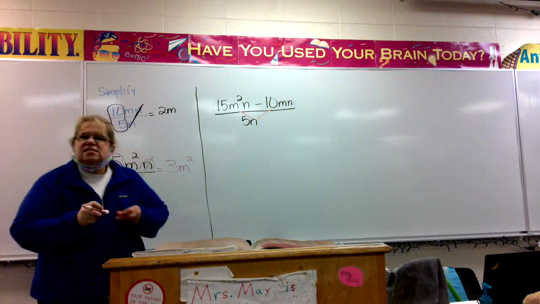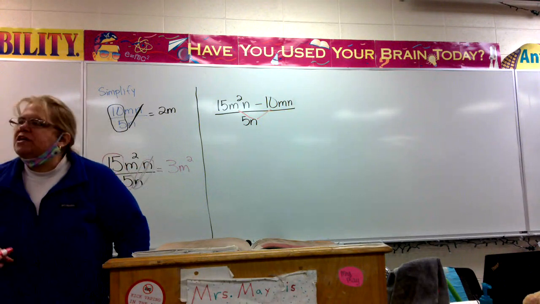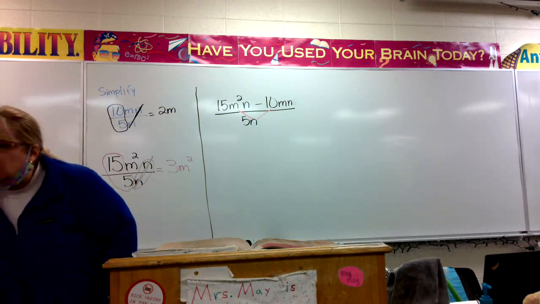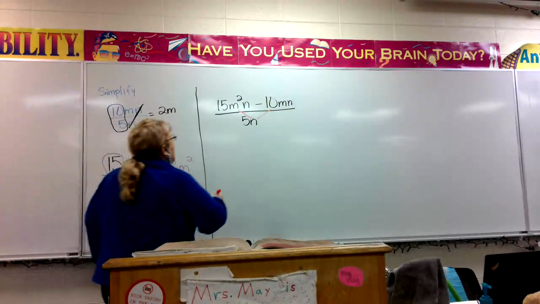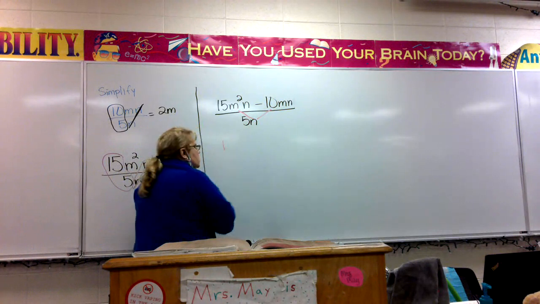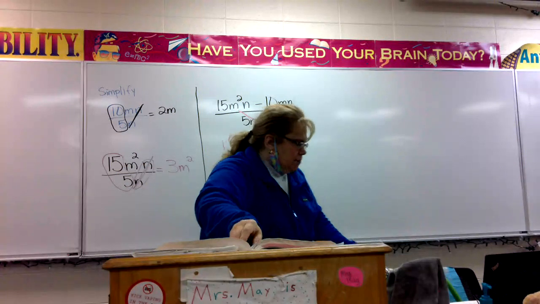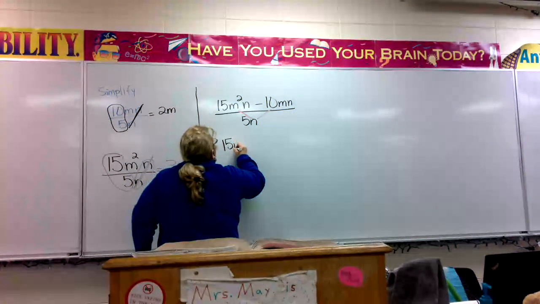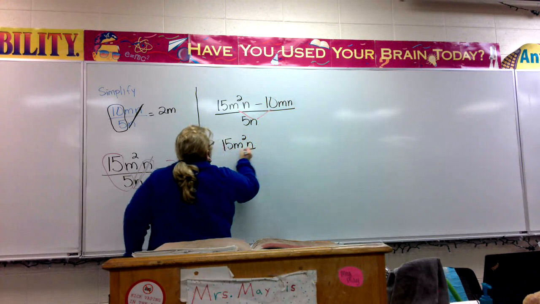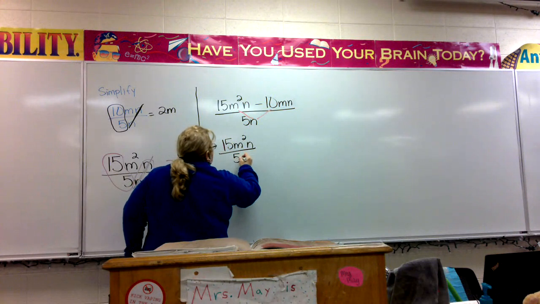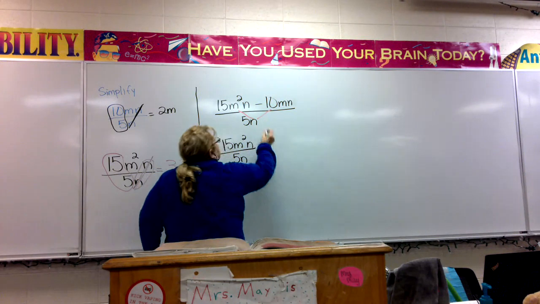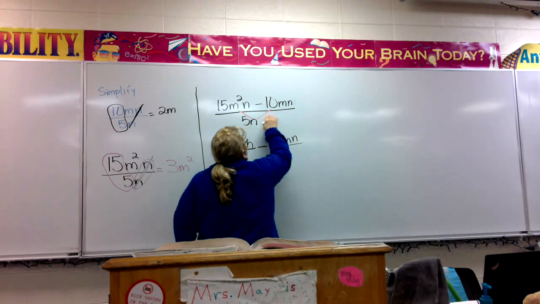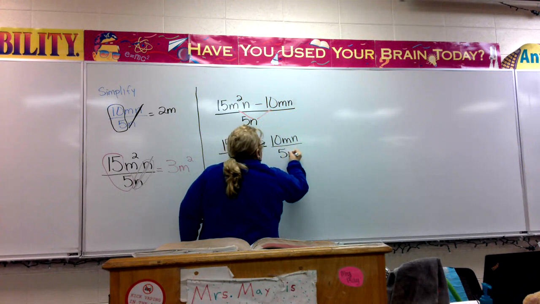So here is the step that I am going to require. I am going to ask you to write it like this on your paper first. 15m squared n, it goes with the 5n, minus the next thing, 10mn, and it goes with the 5n.